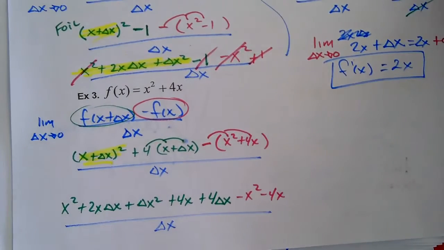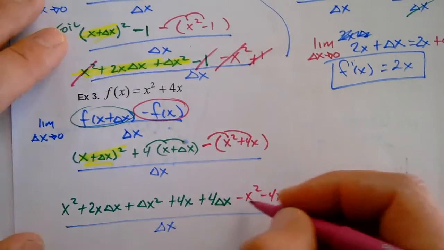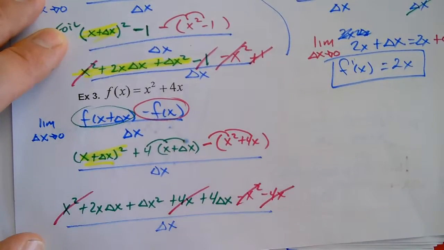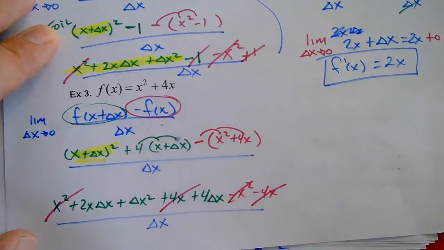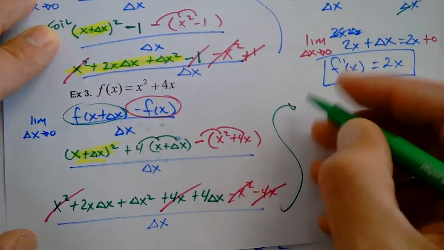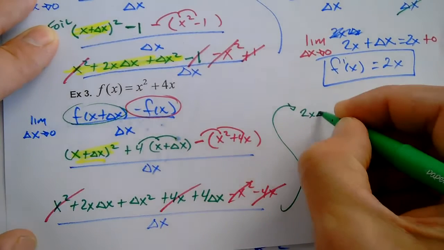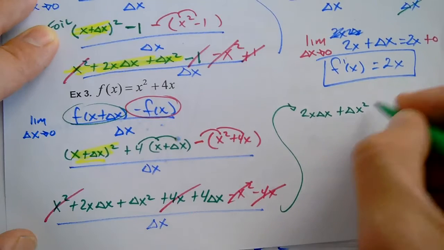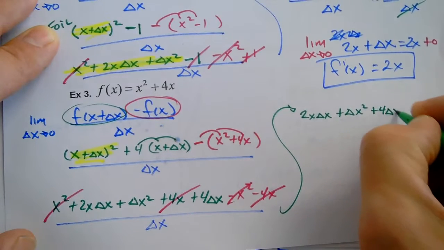If you do it right, anything that's pink should disappear. The x squareds cancel. The 4x cancels. And now up here, I've got a 2x delta x, a delta x squared, and a 4 delta x.